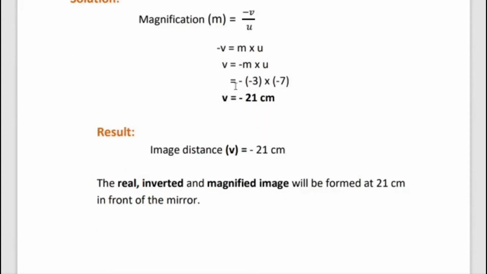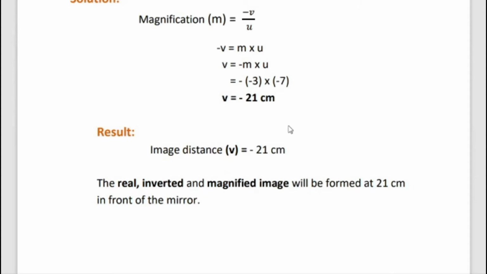Substitute: v equal to minus of minus 3 into minus 7. We know minus 3 into minus 7 is equal to 21. So 21 into minus means minus 21. So v equal to minus 21 centimeter. v means image distance, the distance between the image and the pole.